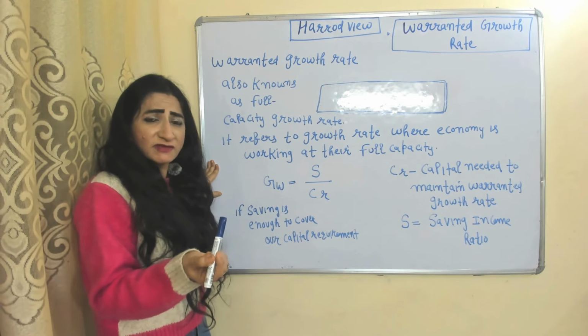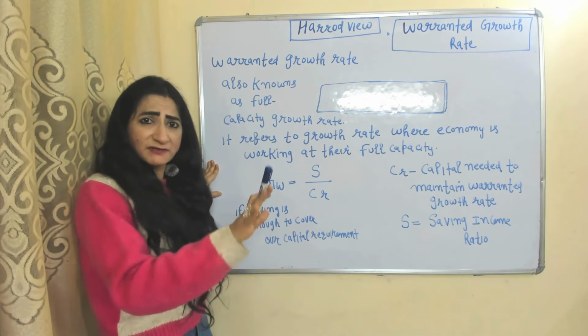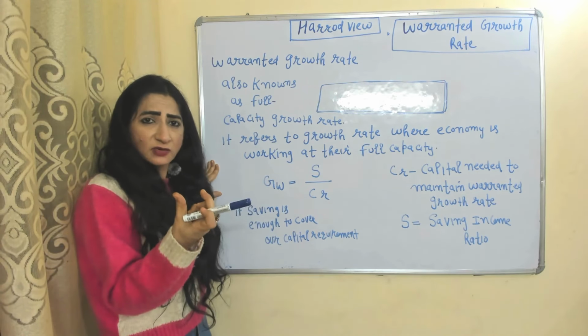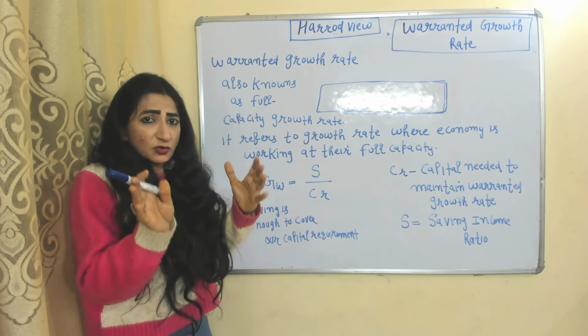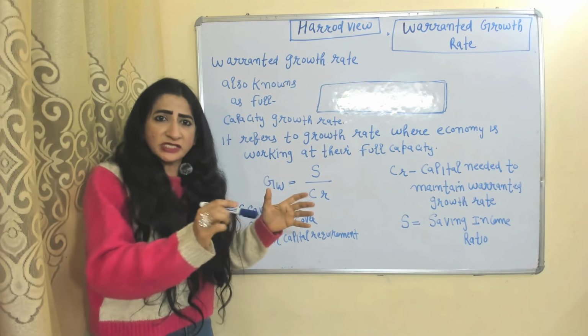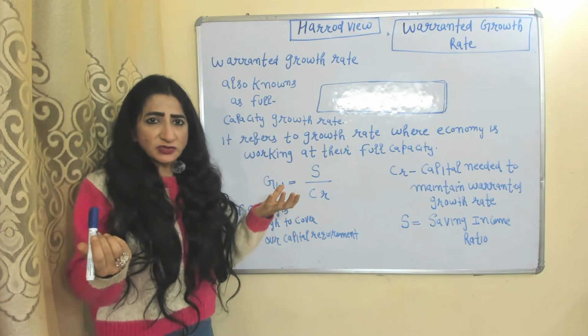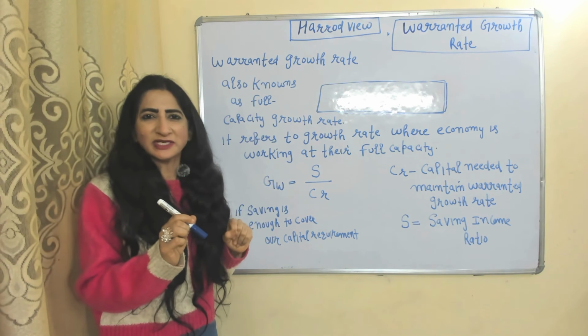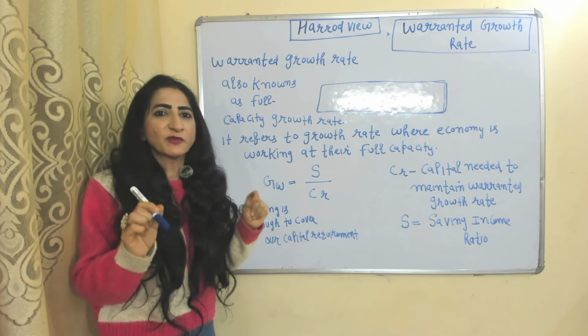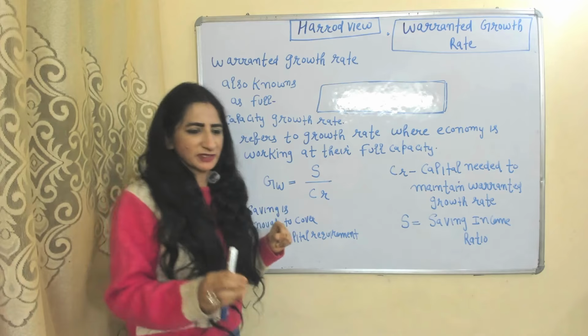That means our saving should be enough to accumulate the capital needed to achieve the warranted growth rate. Obviously, saving is eventually invested, and we accumulate capital through saving. So our saving should be enough to accumulate capital so that we can achieve the warranted growth rate, because the warranted growth rate is the full capacity growth rate of the economy.